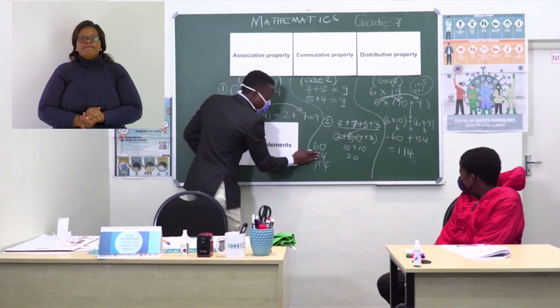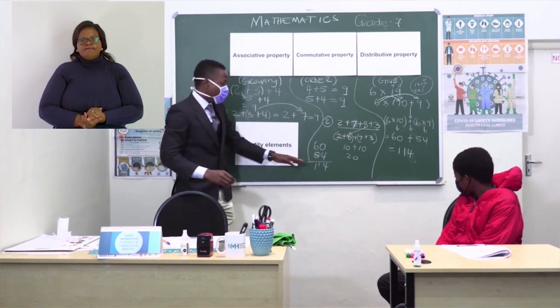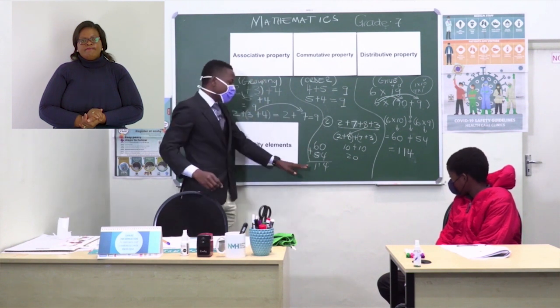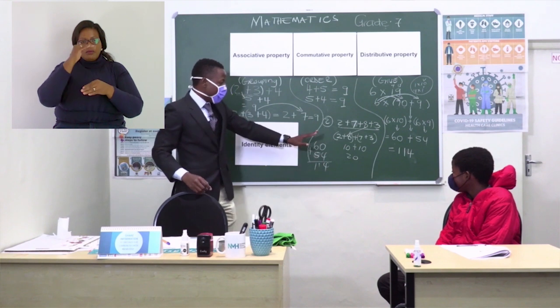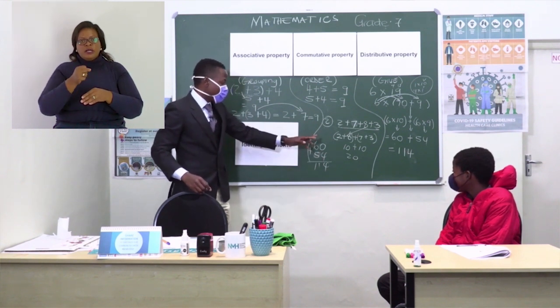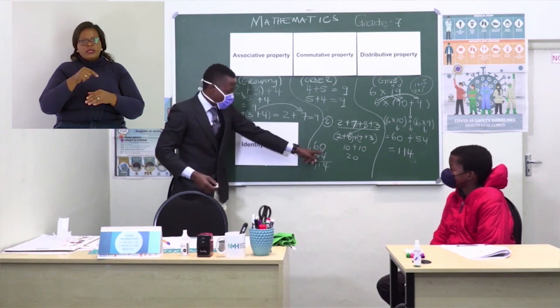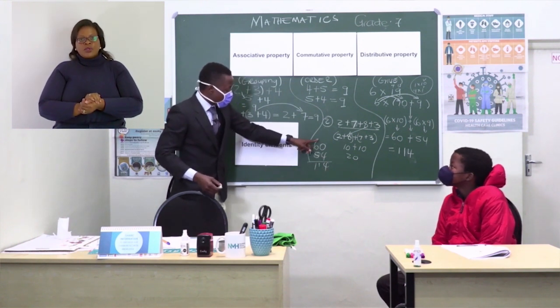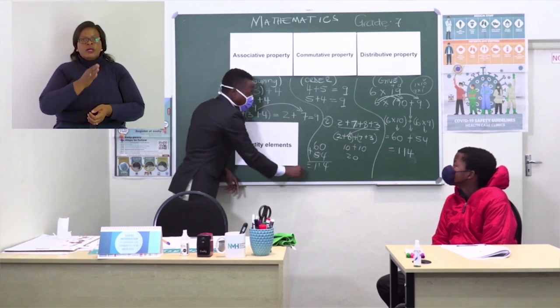What I have done here is to do the standard algorithm, which is the most key part we do in grade 7. When we add our numbers, we must add them in a vertical way. A unit straight with a unit, a tens straight with a tens. So that's why I did it that way. So if you add these two to give me 4, if you add these to give you 11, the answer will be 114.